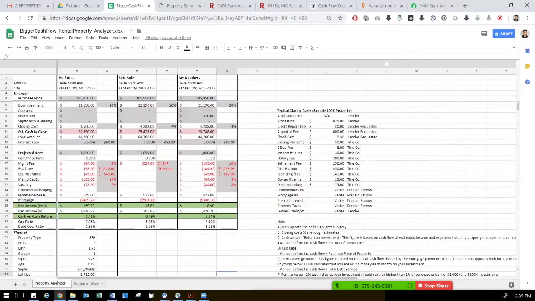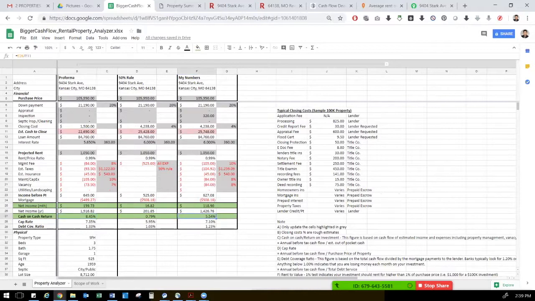So those are some of the things that we looked at. We looked at management fees, taxes, insurance, breaking down all of these expenses, some of the general rules of thumb, and the comparison between what they gave me and my own numbers. You can see that they're very ambitious in terms of the cash on cash they think they're going to hit at 8.5.